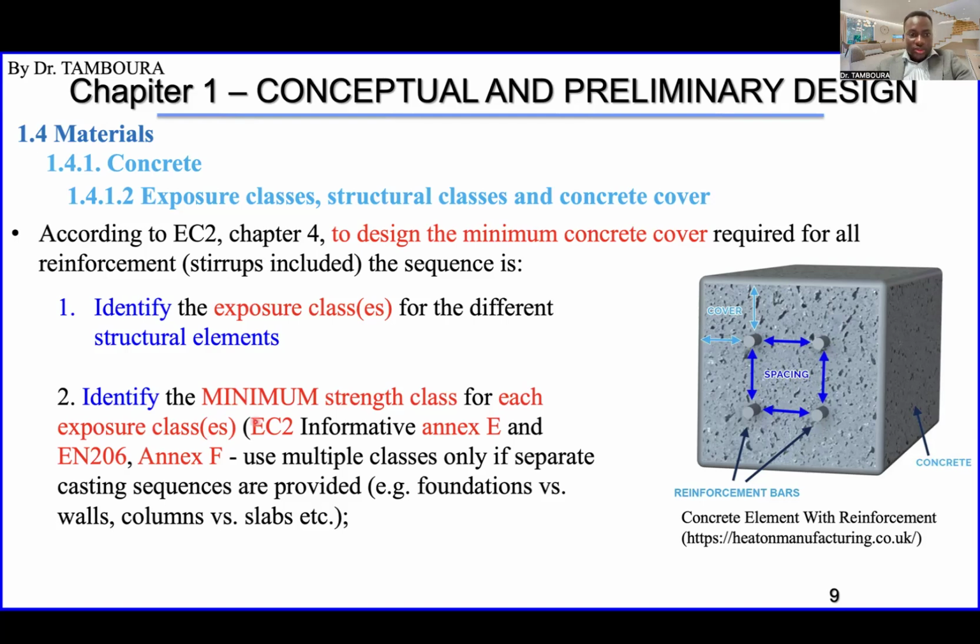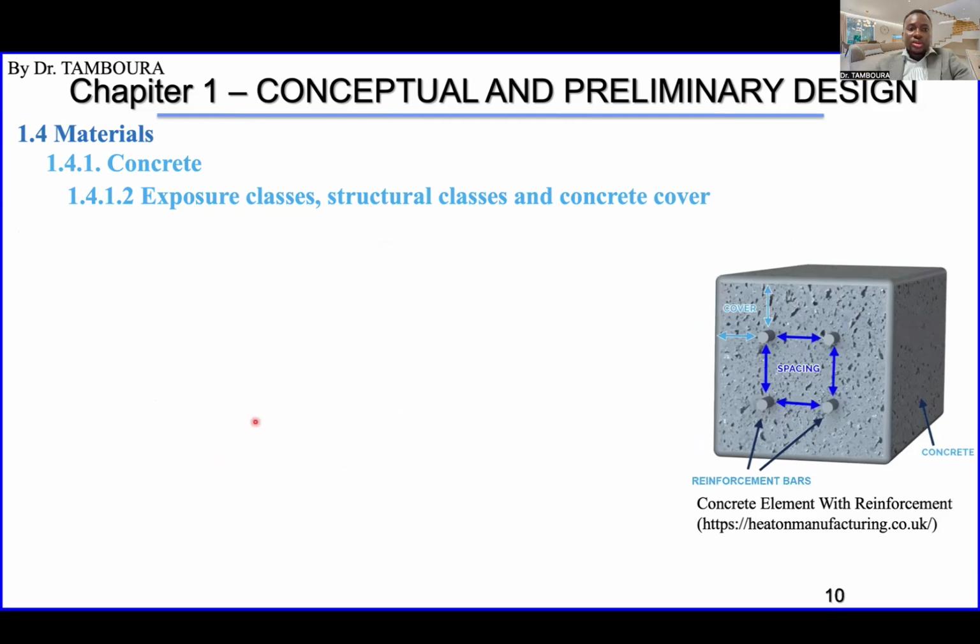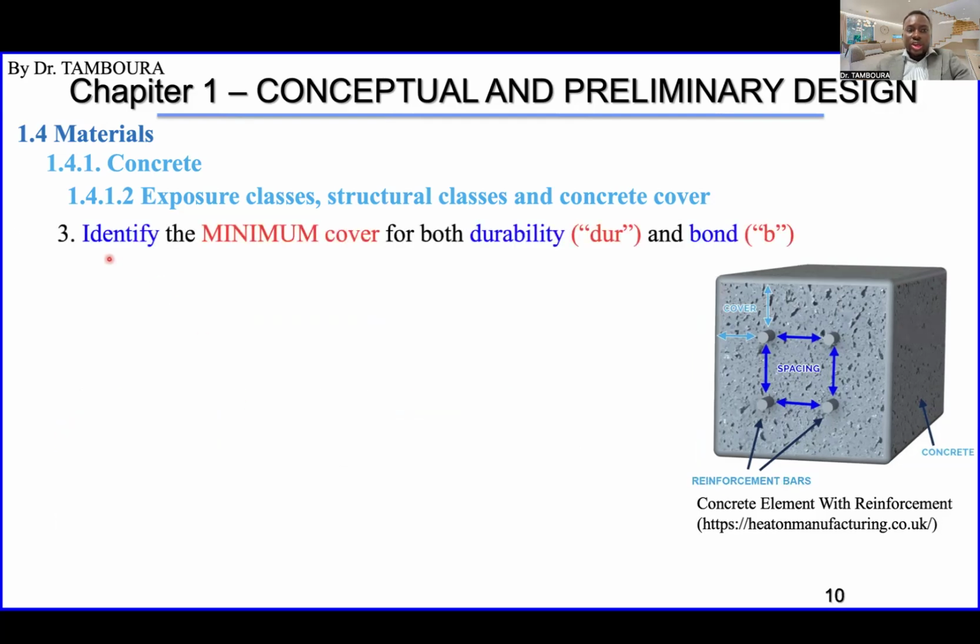And step number 3 is to find out the minimum cover for both durability, which is written, if you see this, it means durability, and the bond B. Okay, I was saying that we need a good bond between the concrete and the steel reinforcement bar.